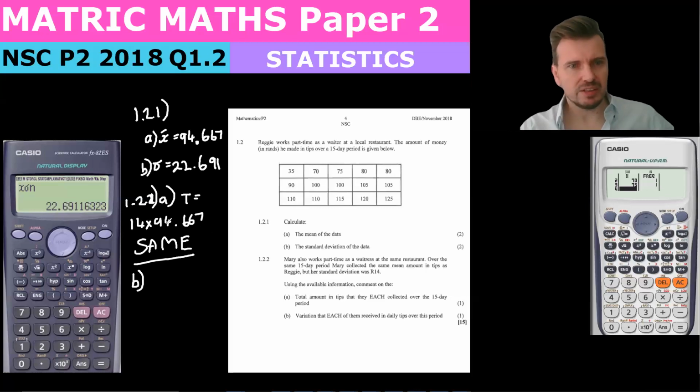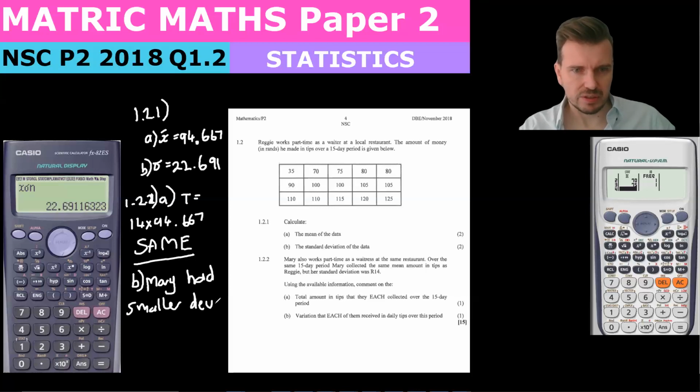So our standard deviation with Reggie was much larger, which means that to comment, you can say that Mary had a smaller deviation, therefore less variance.